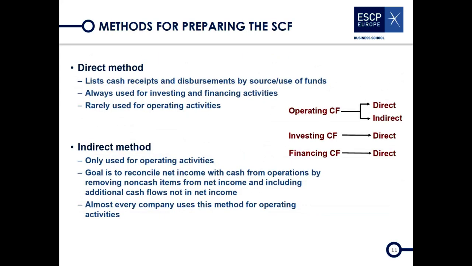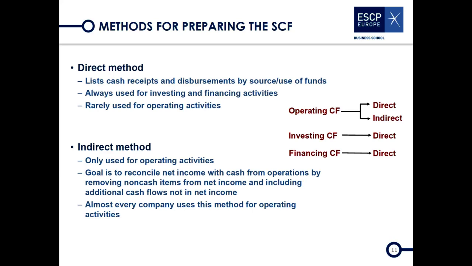This is required for all of your investing cash flows that you show and all of your financing cash flows that you show. For the operating section of your statement of cash flows, however, there is an alternative method to the direct method. Rather than showing your cash collection from customers, your payment to suppliers, your payment to workers, etc., you can start off with the income statement's net income, which you then adjust for everything that was recorded which is a non-cash item.